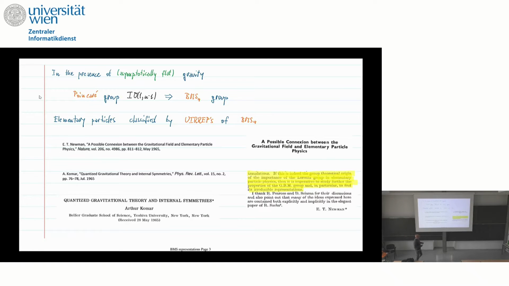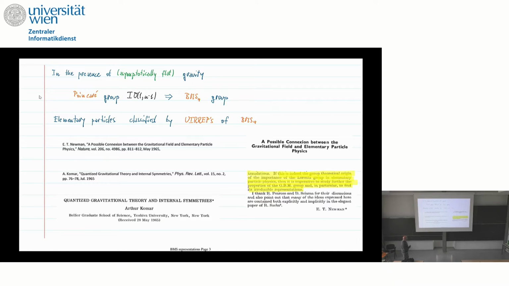And since at that time people really knew that in elementary particle physics, particles should be classified by unitary reducible representations of the Poincaré group, they were proposing that elementary particles should now be classified by unitary reducible representations of the BMS4 group.